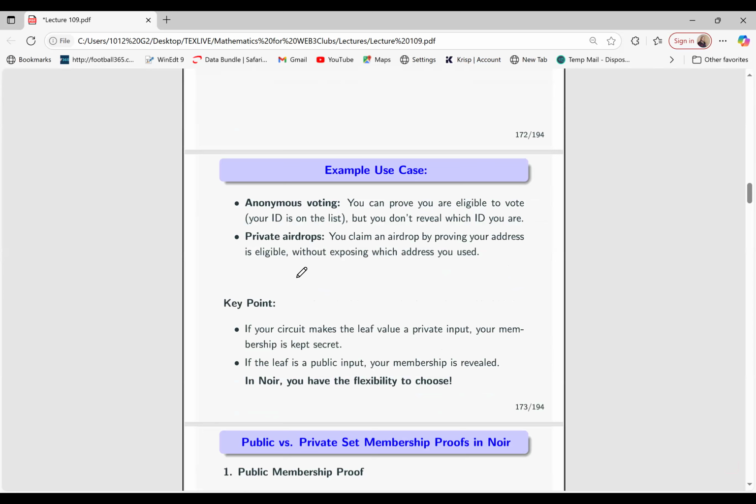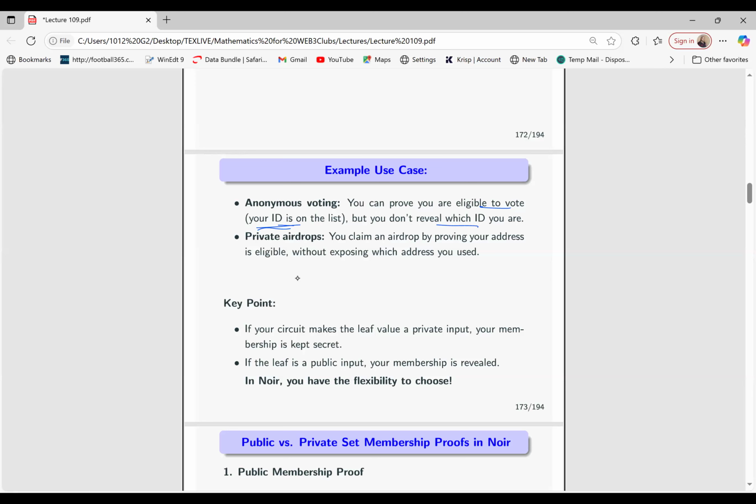So what will you be doing in anonymous voting? The proof that we'll be writing will be that you can prove you are eligible to vote. That is just an example. For instance, you want to prove that your ID number is in the list of the voters, but you don't want to reveal the ID number.